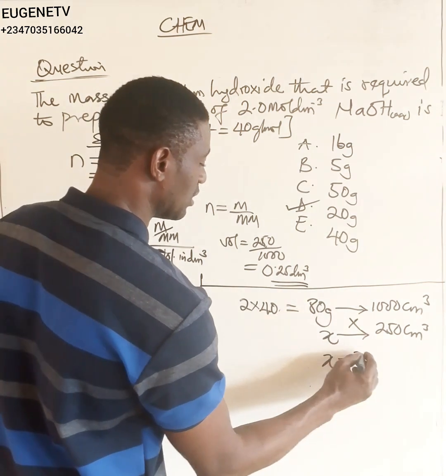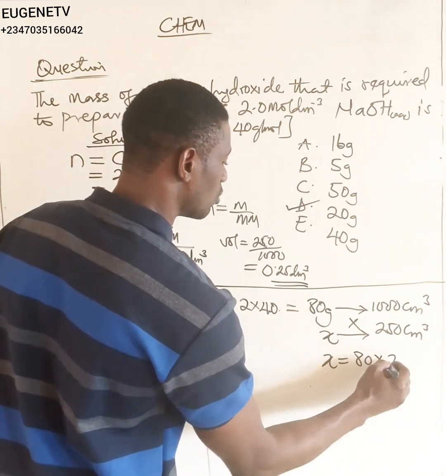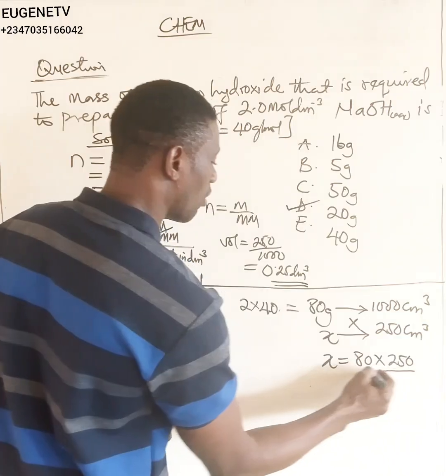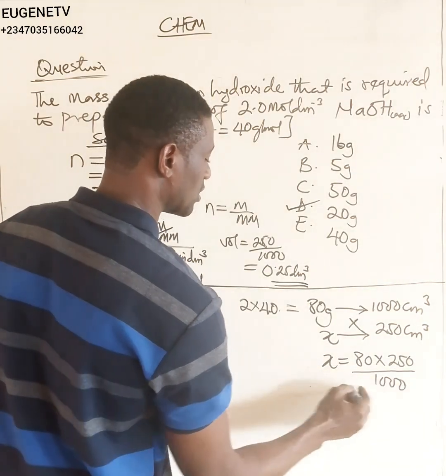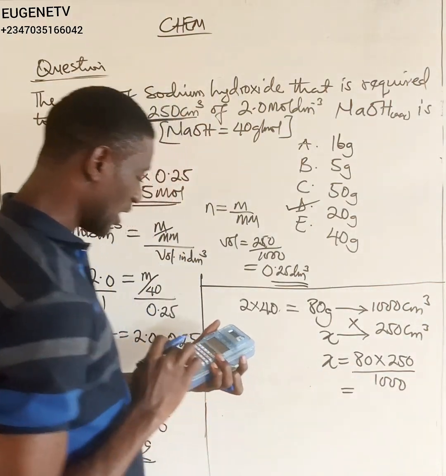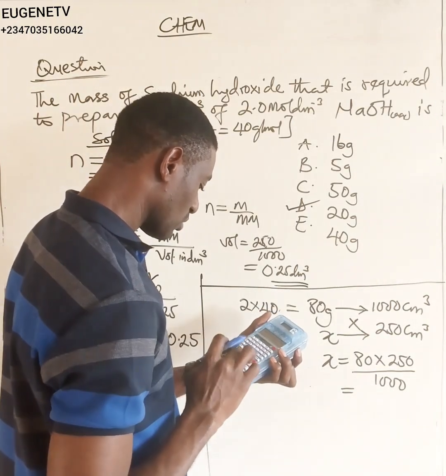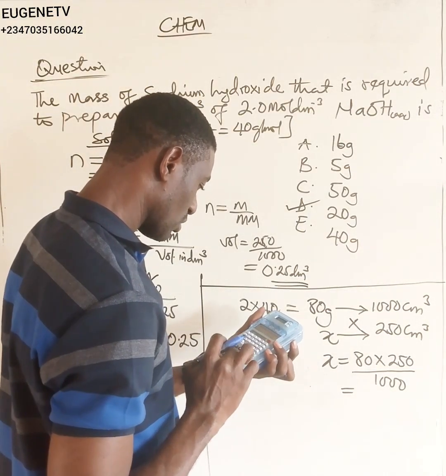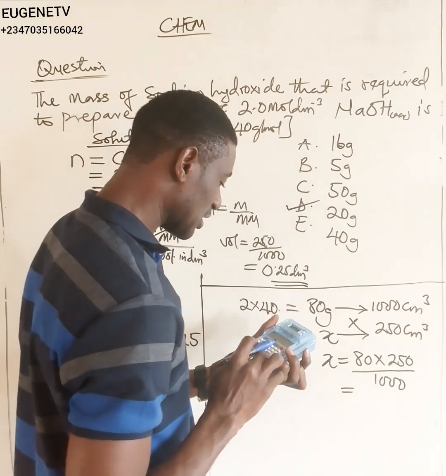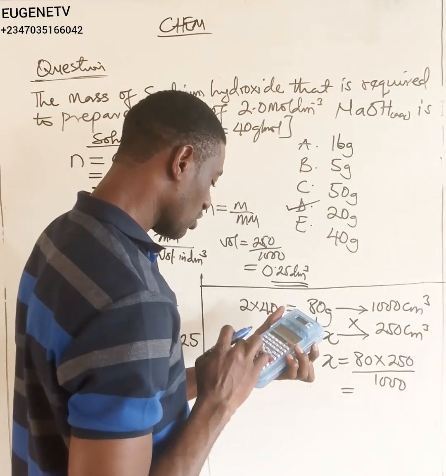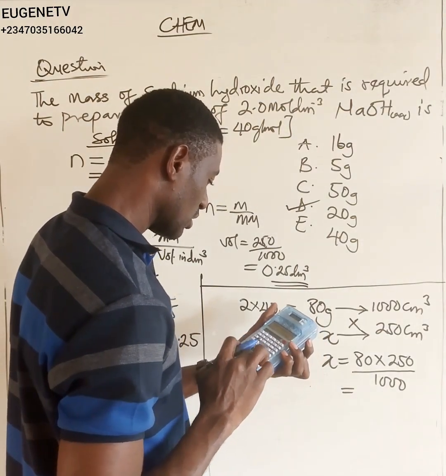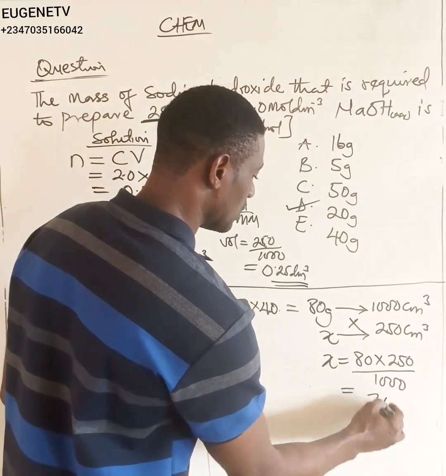S is going to be 80 times 250 all over 1000. 80 times 250 is going to give us 20,000, and 20,000 divided by 1000 is going to give us 20 grams.